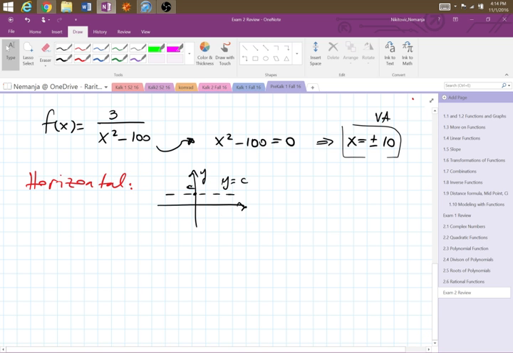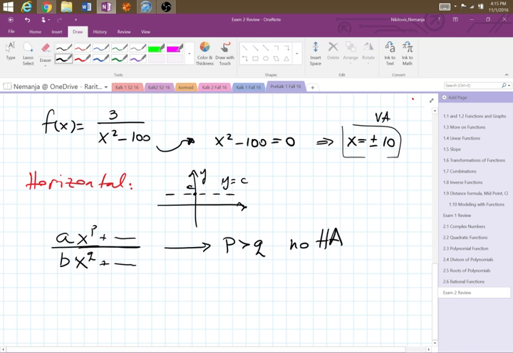So if you have ax to the p over bx to the q, and then there is some other terms, those are the leading terms, it can go one of 3 ways. P larger than q, no horizontal asymptote. P equal to q, horizontal asymptote is at the ratio of a over b, which are the coefficients of the leading terms.